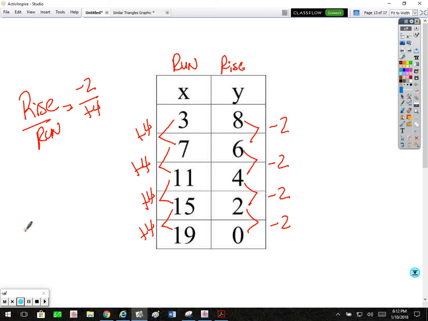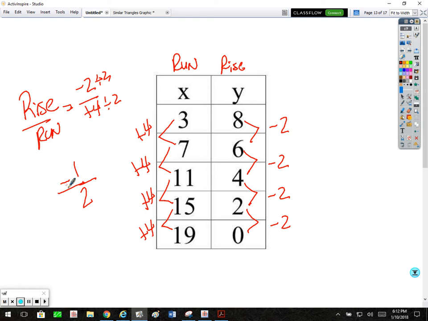All right, so now we got to do a little reduction here because this fraction is not in lowest terms, so we need to reduce this fraction. So again, the greatest common factor of 2 and 4 is 2. So I'm going to divide both of these by 2. Negative 2 divided by 2 gives me negative 1. And then 4 divided by 2 gives me 2.